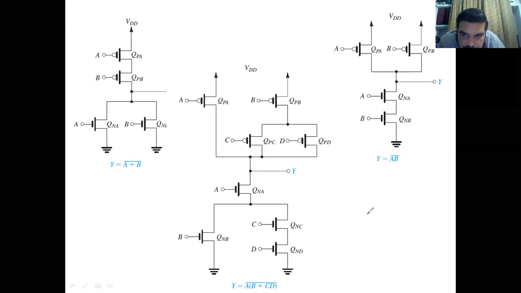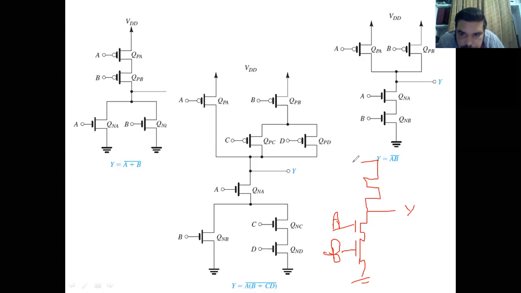First you need to draw the pull-down network. Just do like this, Y, and you can use these two NMOS, one having input A and another having input B. And now above that you need to design the pull-up network.